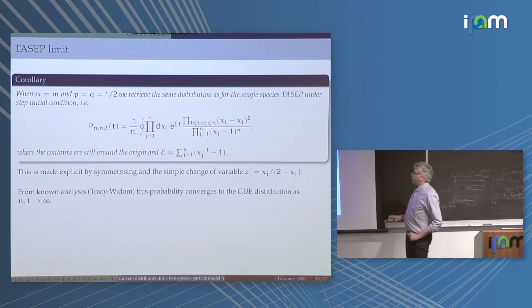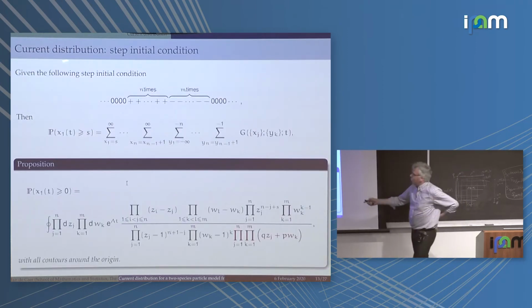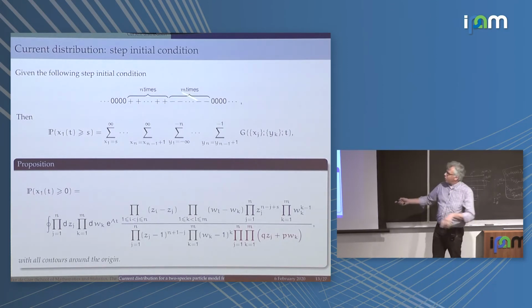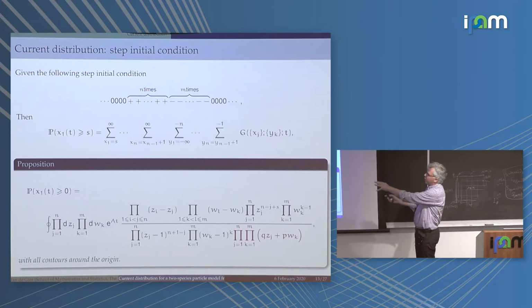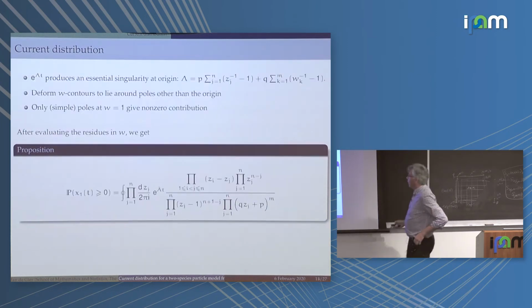And it's not a surprise, because if you go back to this initial condition here, and I go into the limit where I have a large number of plus particles and a large number of minus particles, these holes will just disappear, and I just fill my system with pluses and minuses, where the minuses now play the role of holes, and the pluses are the particles. So I just have only pluses and minuses, and that's a TASEP. So I should get TASEP for these particular initial conditions. And I do.